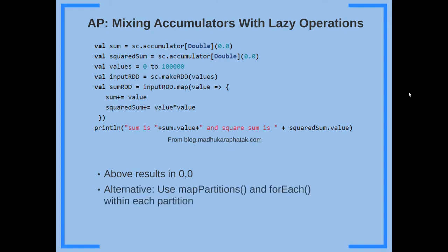So the compromise is to use mapPartitions and foreach in combination. So mapPartitions gets us to the level of parallelization where we're out on the cluster, and then within each worker on each node, we can do our serial operations that increment our accumulator one by one.